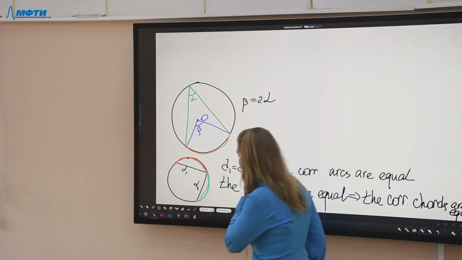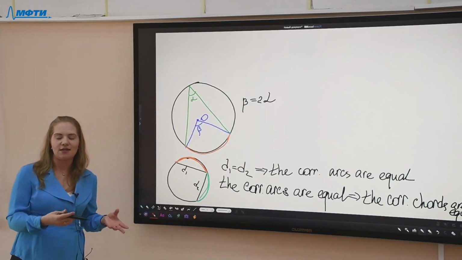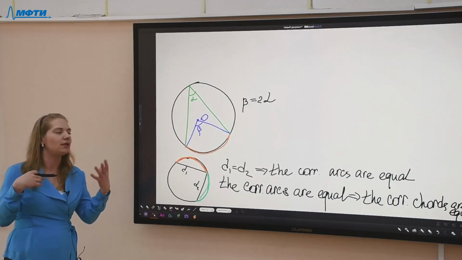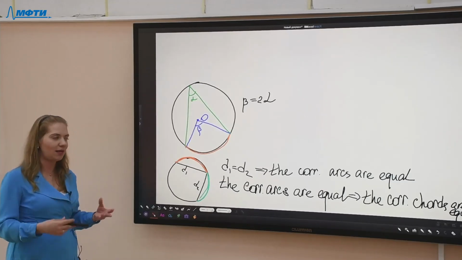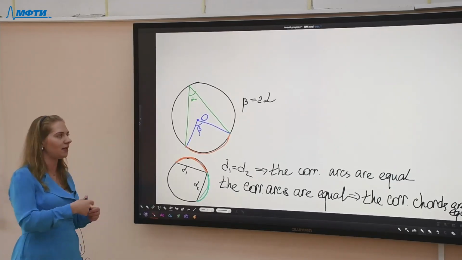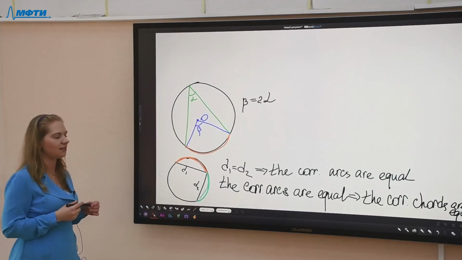And again, if we talk about arcs, we can talk about central angles. So if we have two equal arcs, we can say that we have two equal central angles, as well as two equal inscribed angles, because an inscribed angle is 1/2 of a central angle.